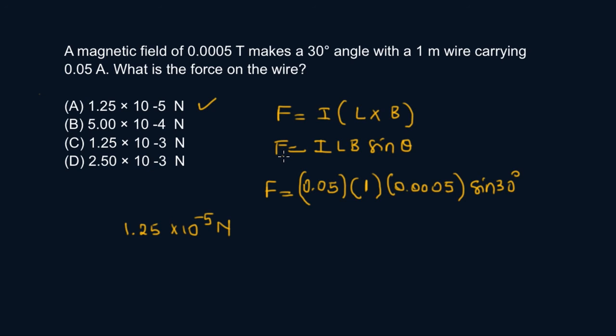I was trying to see how else. All right, so I think there's no way that you can get this type of problem wrong, unless you don't recognize that this is a cross product instead of a simple multiplication. All right.